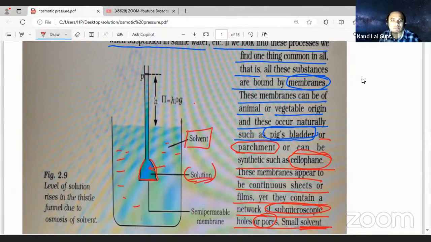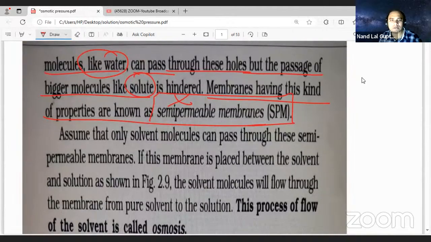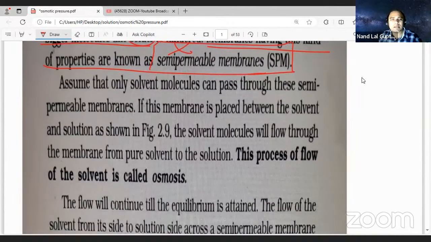The pure solvent will flow inside and the level will go up, giving h rho g. This pressure is exerted to stop the flow. The pressure needed to stop the flow of solvent is called osmotic pressure. Let us have a look at the slides here. They say, assume that only solvent molecules can pass through this semi-permeable membrane.